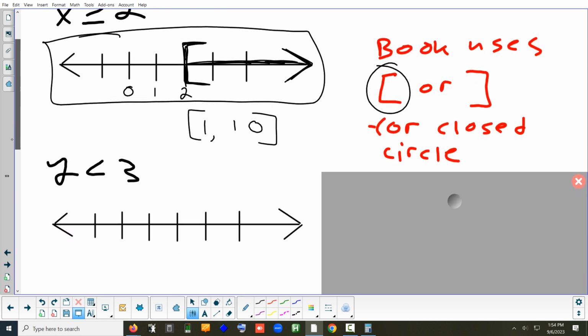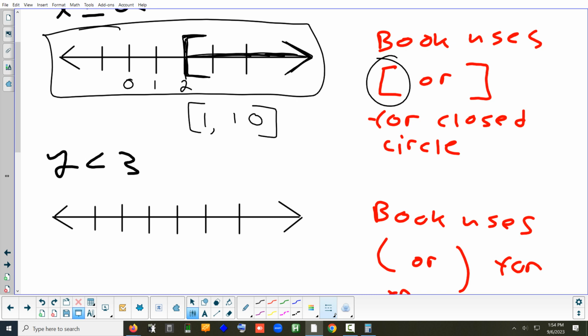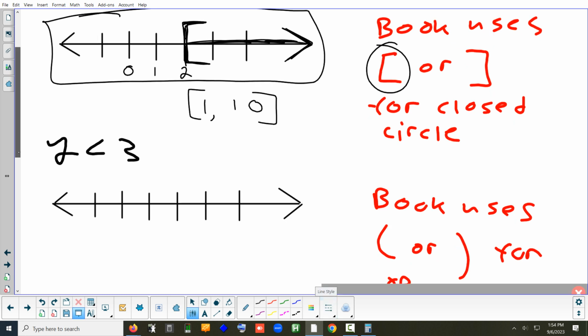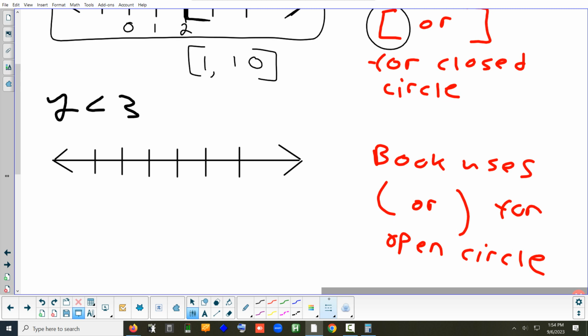Now, how about the less than symbol? It's an open circle, but does anyone have a guess what symbol the book is going to use in place of the open circle? Yeah, it uses parentheses. Now, parentheses means you cannot equal the value. You have to be greater than the value, or less than the value, but not equal.